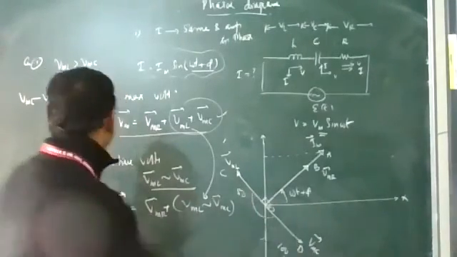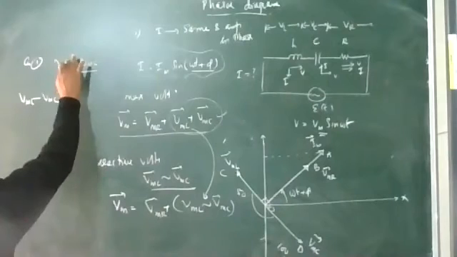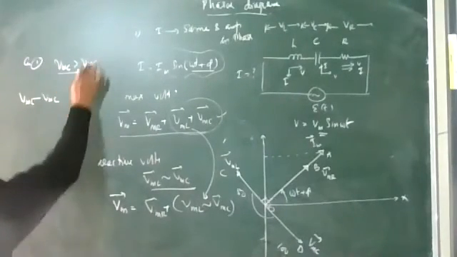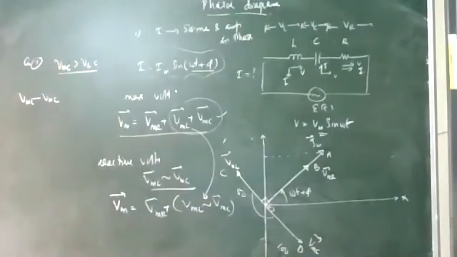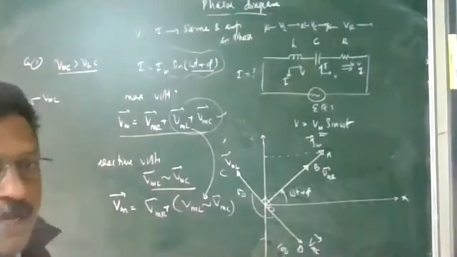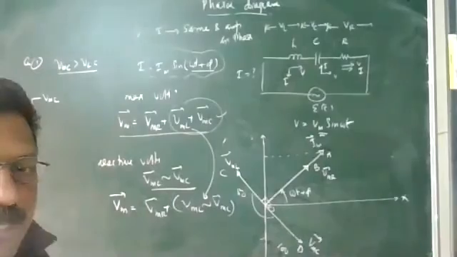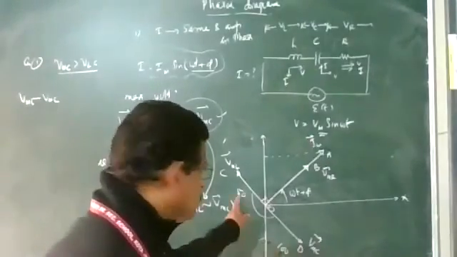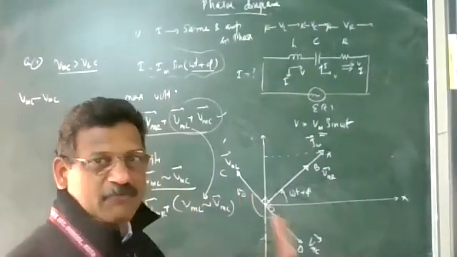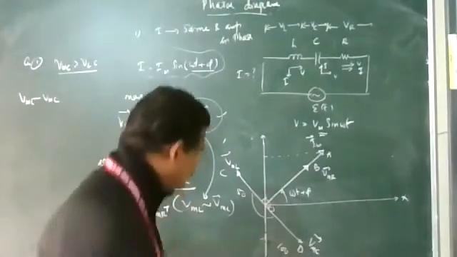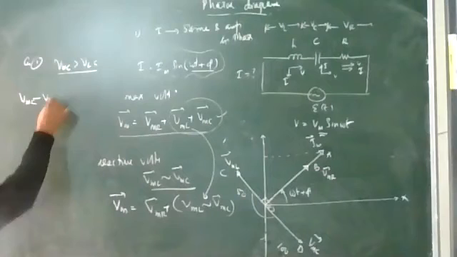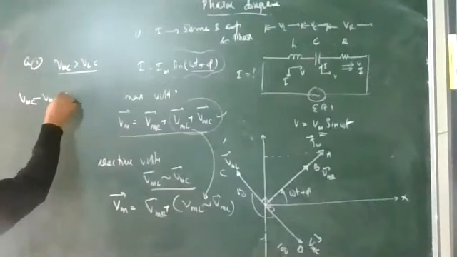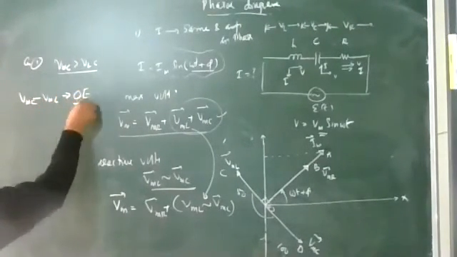So take VMC greater than VML, since the first case is given like that. Capacitor voltage is greater than inductor voltage. This is 100 volt, this is 50 volt. So 100 minus 50 is 50 in this direction. So I am writing VMC minus VML. This is represented by OE.